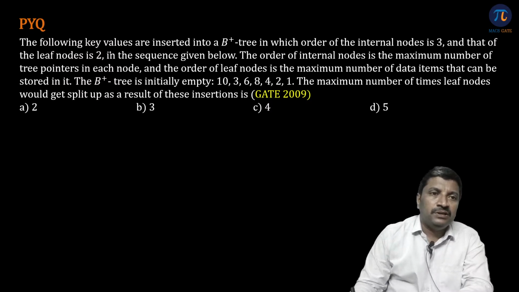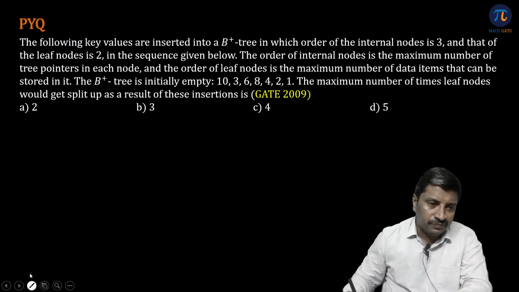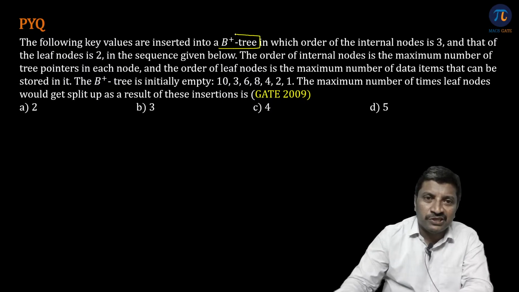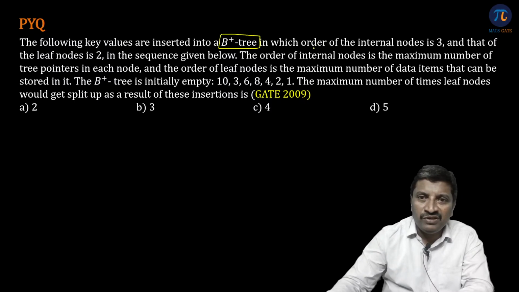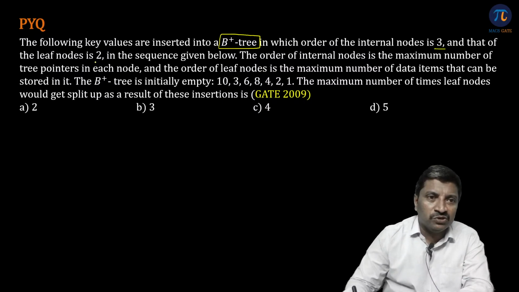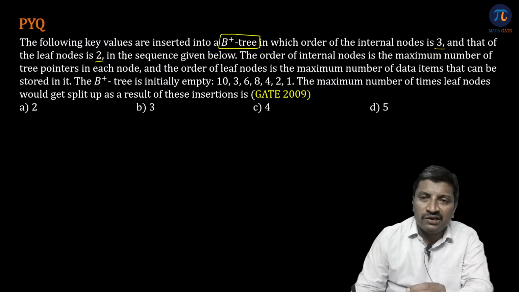The following key values are inserted into a B plus tree, in which the order of internal node is 3 and that of leaf nodes is 2. The given order of internal node is 3 and order of leaf node is 2.